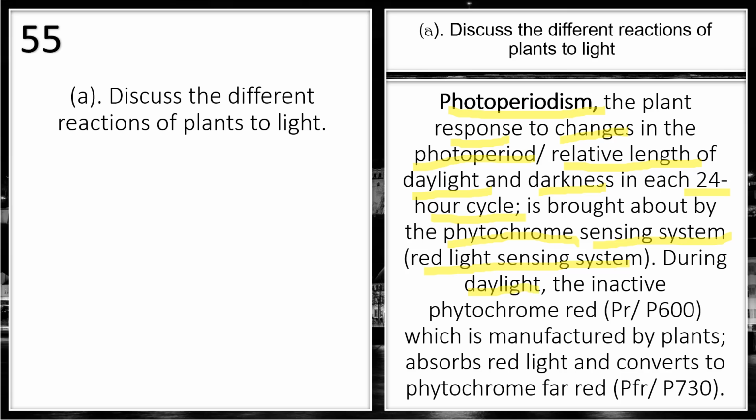During daylight, the inactive phytochrome red, PR-P660, which is manufactured by plants, absorbs red light and converts to phytochrome far red, PFR-P730.